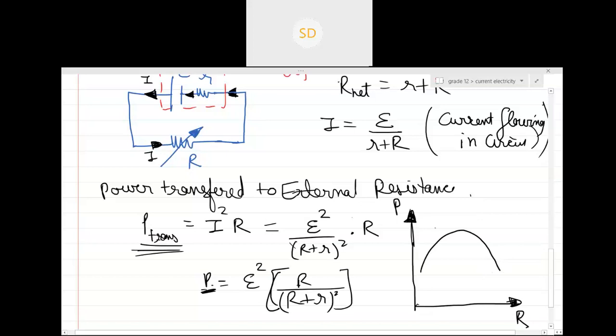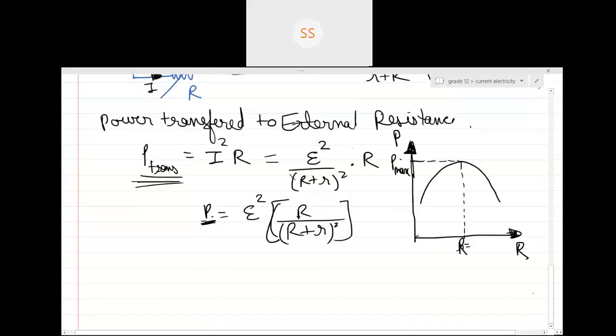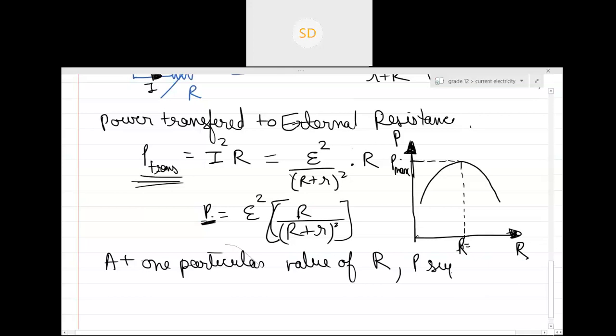At one particular value of the resistance capital R, the power supplied to the external resistance becomes maximum.